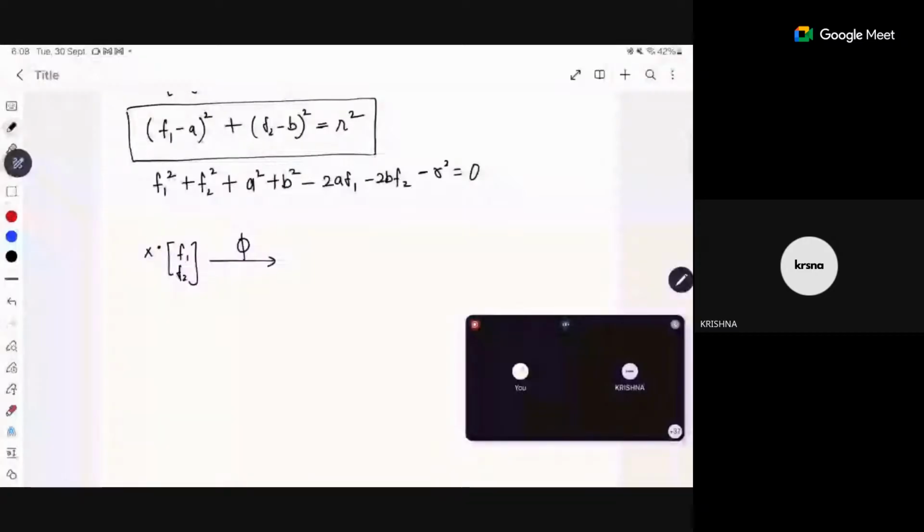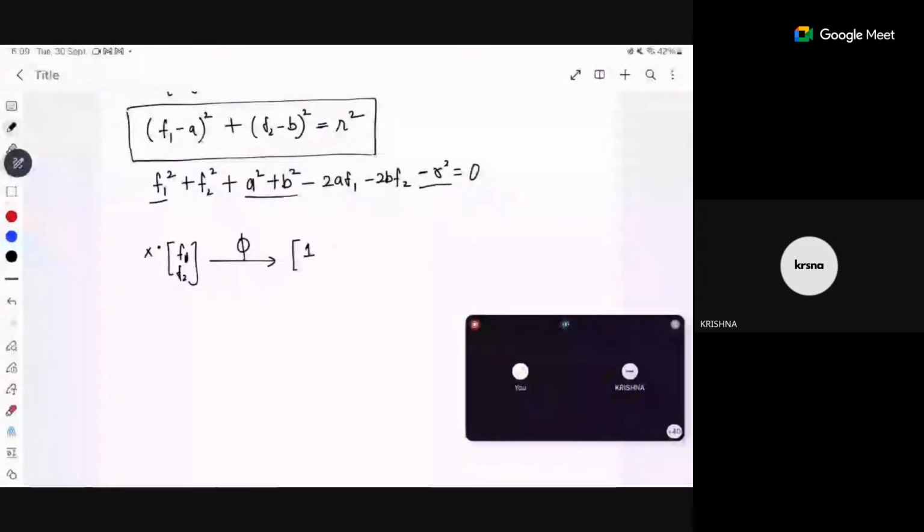I want to move this f1, f2 to some higher dimension, so what mapping can be defined here? Let's say all the constants that we have, which is a square plus b square minus r square, this is the constant. For this constant, I can just give the weight as 1. Now we have f1 square, f2 square, minus 2a f1 minus 2b f2.